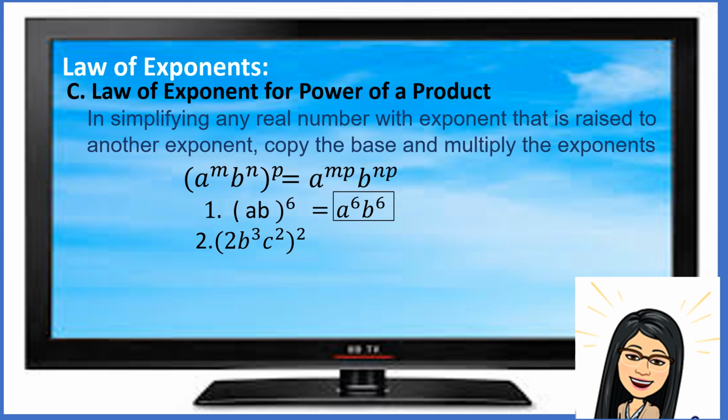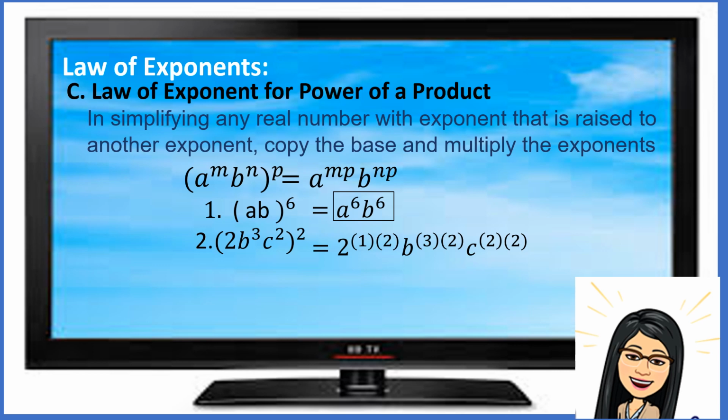Every exponent of each term is multiplied to the exponent outside. 2 raised to 1 times 2, b raised to 3 times 2, and c raised to 2 times 2.